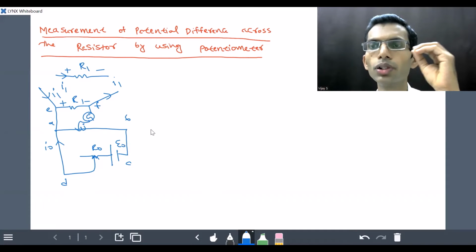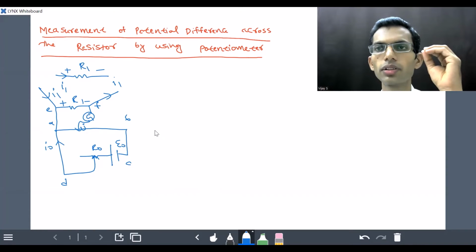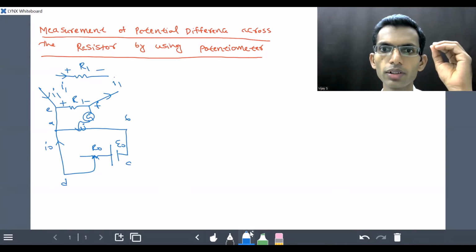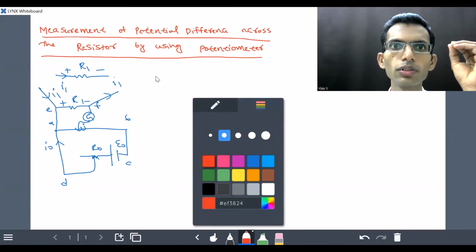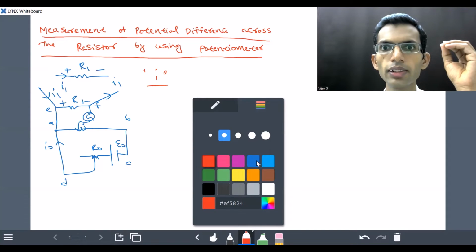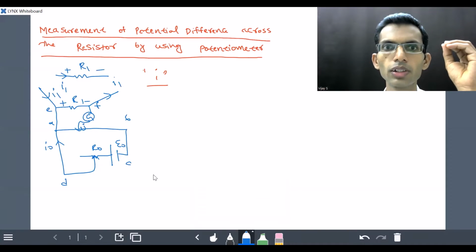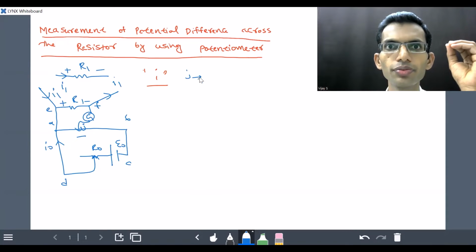First of all, we are going to obtain the expression for current flowing through the galvanometer. Let us say the moving contact J is at an arbitrary position.